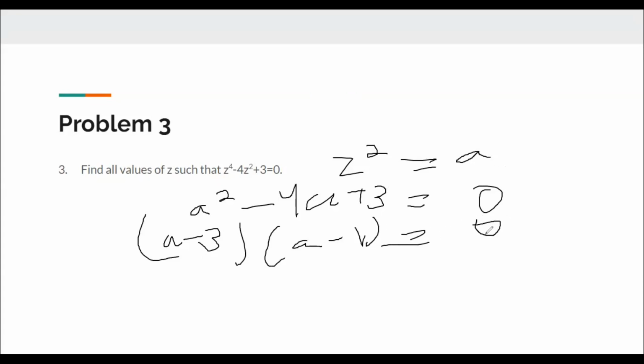I think we did an example like this before, so you should probably be familiar with this type of strategy. And then either a is equal to 3 or a is equal to 1. So if a is equal to 1, z can be plus or minus 1. And if a is equal to 3, z is equal to plus or minus root 3. So we have a total of 4 possible z's. So we're done.